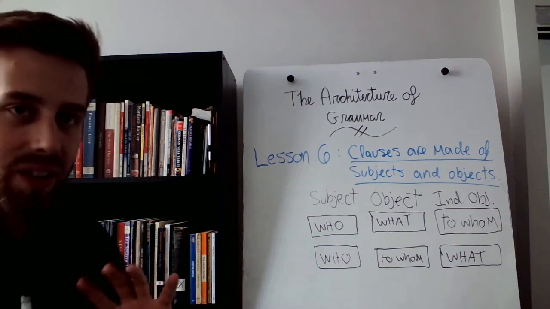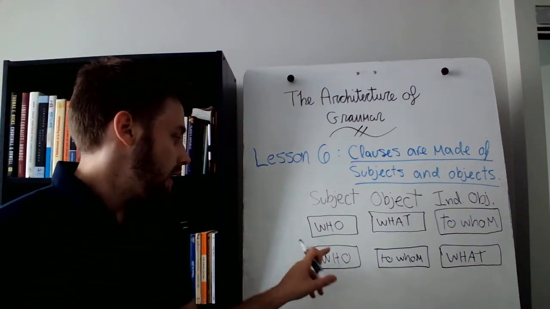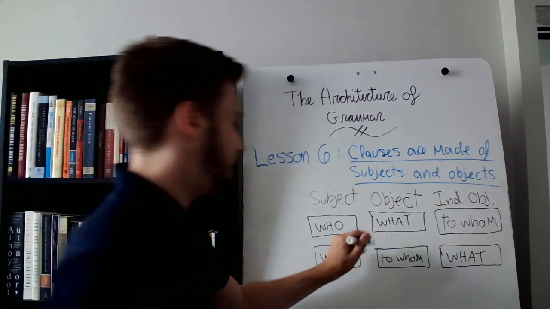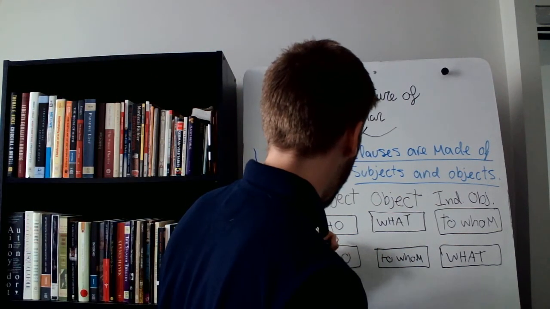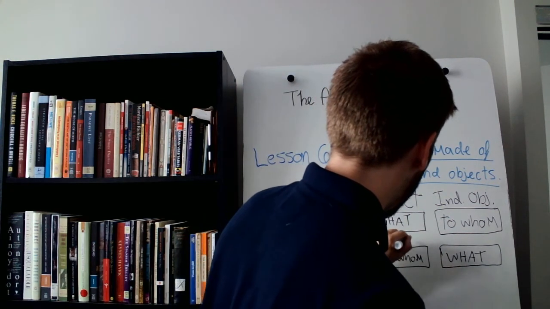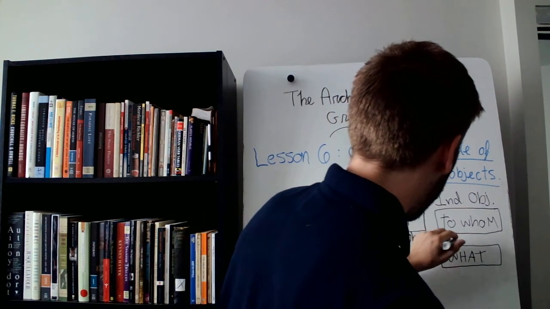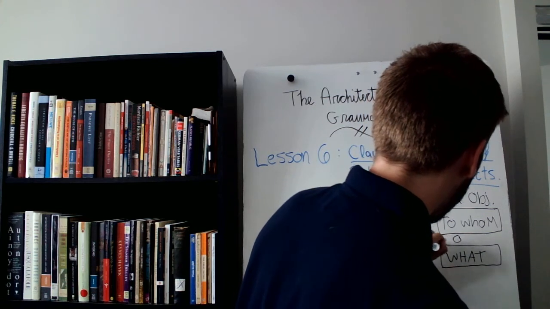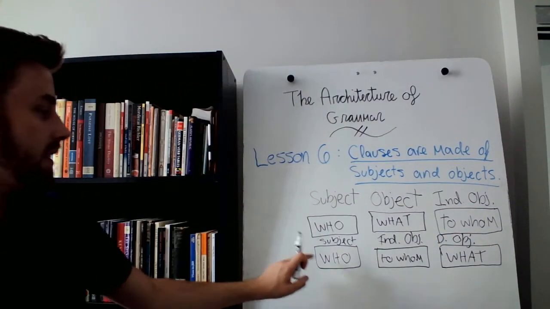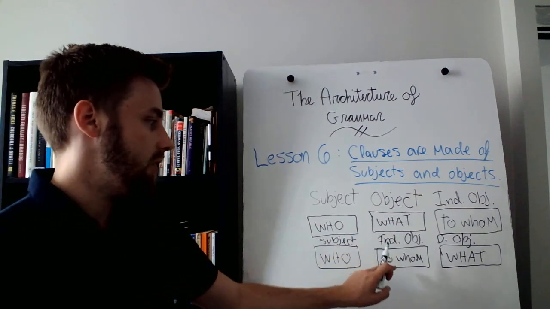Now, here's where it gets a little complicated. When we say who, that's me, so that's the subject, and this is the indirect object. So Léandre gives his girlfriend the coffee.